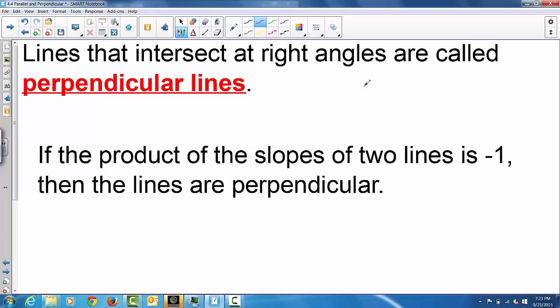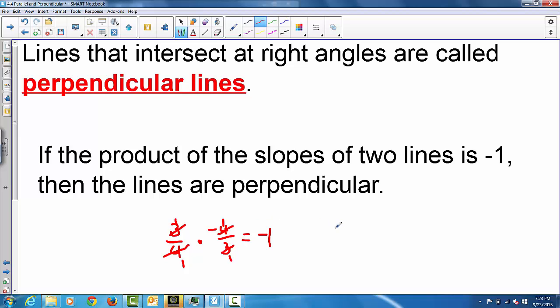Another way of saying that is the slope of a line that is perpendicular to a line is the negative reciprocal. In other words, if you've got 3/4 as the slope of one line, then the line that is perpendicular to it is negative 4 over 3. So you see, if you multiply those together, the 4's cancel out, the 3's cancel out, and you're left with negative 1.